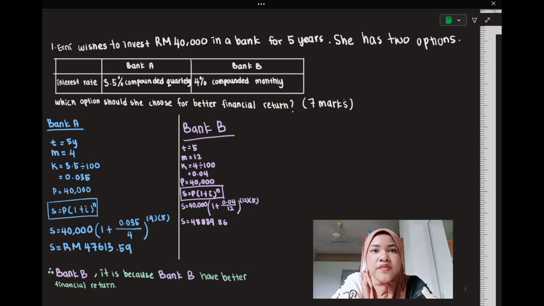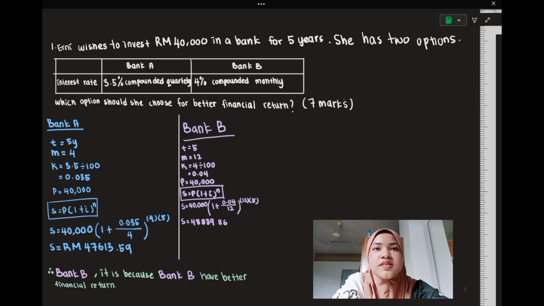For bank B, just the same. T equals 5, M equals 12, K equals 4%, P equals 40,000. We use the same formula, S equals P(1 + i)^n. S equals 40,000(1 + 0.04/12)^(12×5), and we calculate and get 48,839.86.